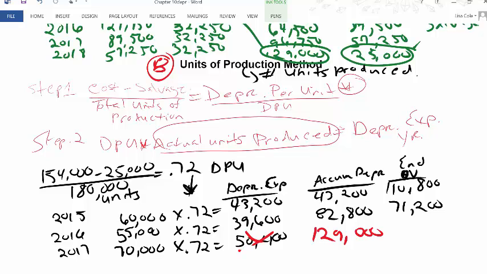I'm only going to be able to take 46,200 because if I take 46,200 plus 82,800, it gets me to the 129. I cannot depreciate more than my depreciable basis, and your ending book value would be 25,000. It cannot go below the salvage value. So under your units of production method, you take your cost minus the salvage value divided by your total units. And so those are the first two methods, straight line and units of production.